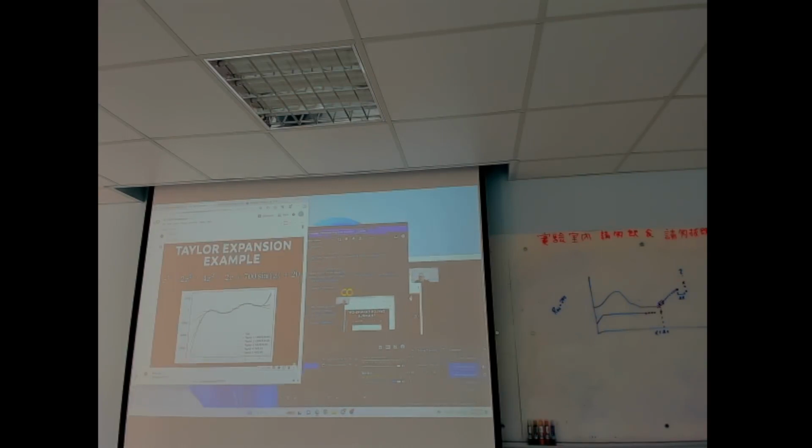For the Taylor expansion at the first level, it will be similar to the zeroth order proposition.